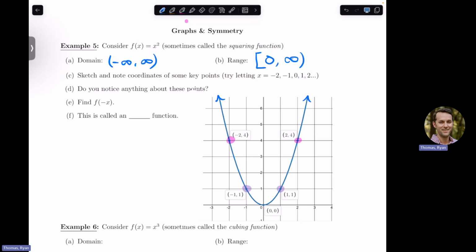What we call that is y-axis symmetry. The y-axis acts like the middle, or acts like a mirror, for the two sides of this graph.